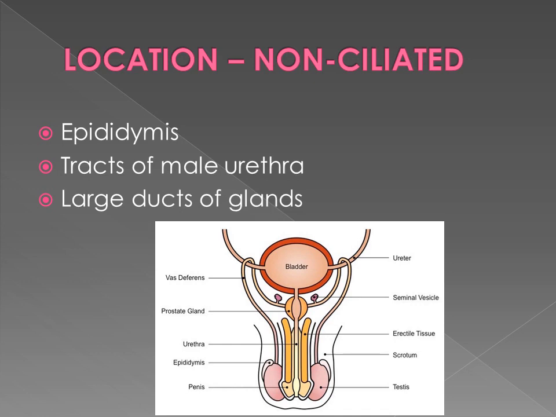Especially in the male reproductive system, the epididymis as well as the tracts of the male urethra are covered with this non-ciliated pseudo stratified epithelium. Moreover, it is present in the large ducts of glands. Glands secrete enzymes which are carried by the duct, so especially in the large ducts, this pseudo stratified epithelium is present.